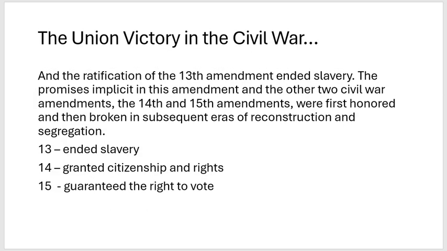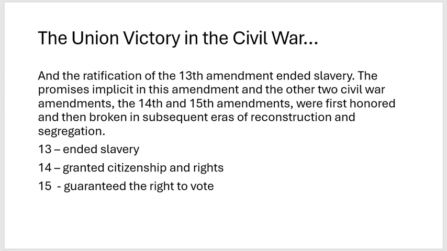There we go. Okay. Eventually, with great cost, about 600,000 Americans dead, the Union gets victory over the South. And with that victory came the ratification of the 13th, 14th, and 15th Amendments. The promises implicit in these amendments were first honored and then broken in subsequent eras of Reconstruction and segregation.